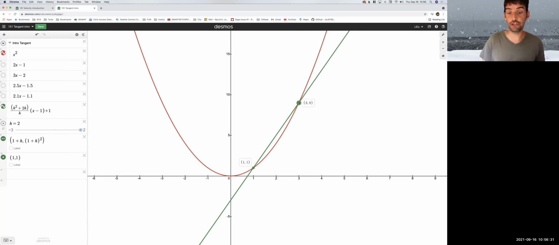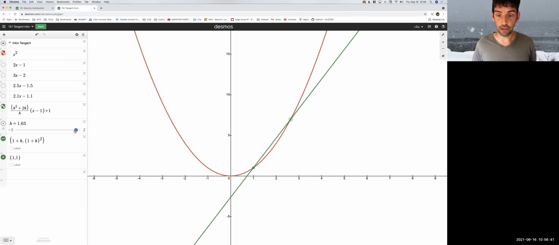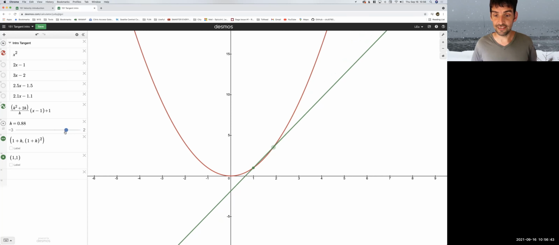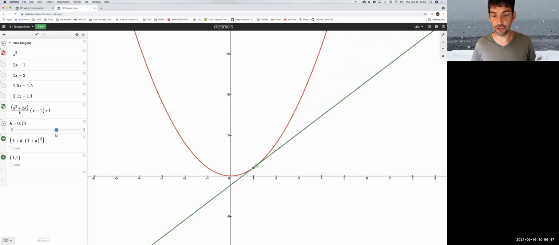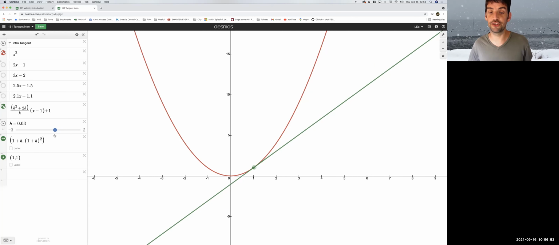When h is equal to 2, we get x plus h, or 1 plus 2, is a 3, and then 3 squared is 9. It's the point 3, 9. If I make h smaller, right, this approximating secant line gets closer and closer to what we imagine the tangent line to be.